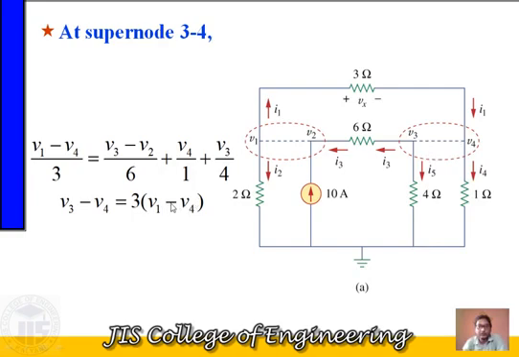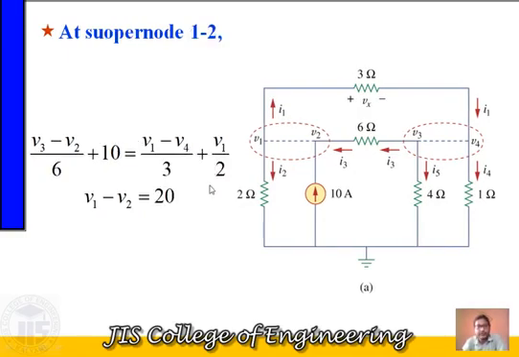Now the value of Vx has to be put over here. We know Vx is the voltage across this resistance. This side is positive and this side is negative, so the voltage across the resistance, positive to negative, is V1 minus V4. So in place of Vx we can write V1 minus V4. We have these two equations, and previously we had two equations.